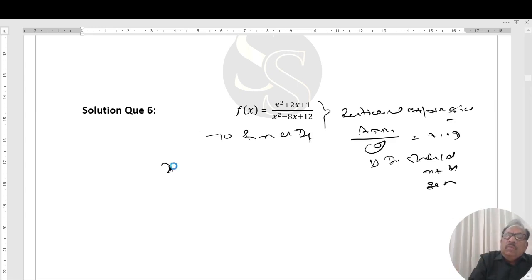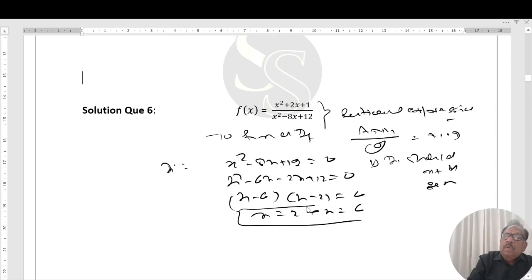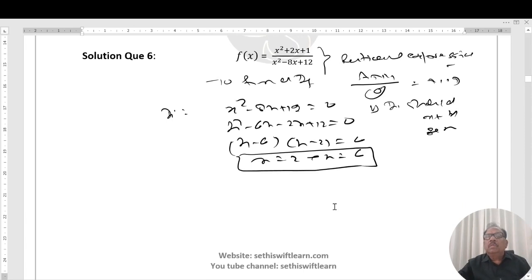Therefore, the denominator x square minus 8x plus 12 equal to 0. x square minus 6x minus 2x plus 12 equal to 0. (x minus 6)(x minus 2) equal to 0, x equal to 2 and x equal to 6. These are the two values of x for which the denominator becomes 0. So what is the domain of the rational expression?